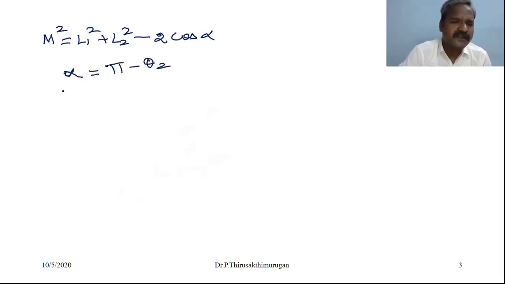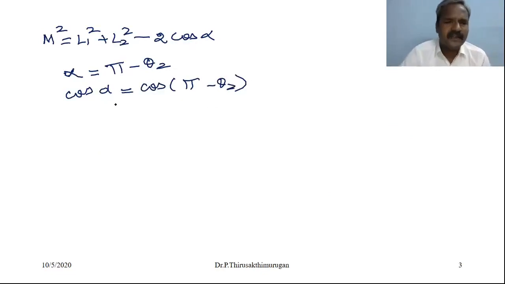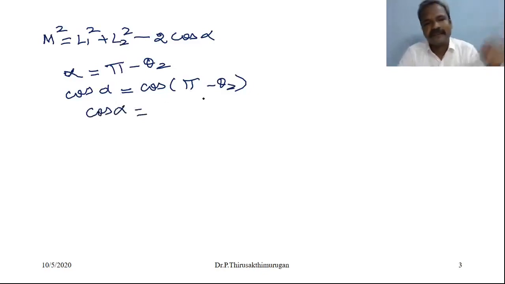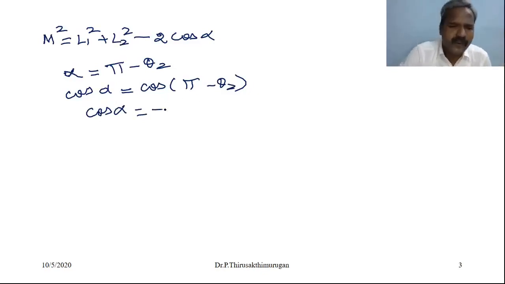So cos alpha equal to cos of pi minus theta 2. It is in the second quadrant, so cos alpha equal to minus cos theta 2.